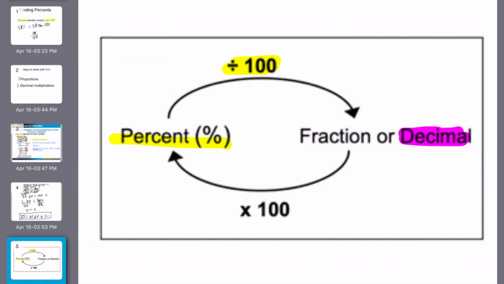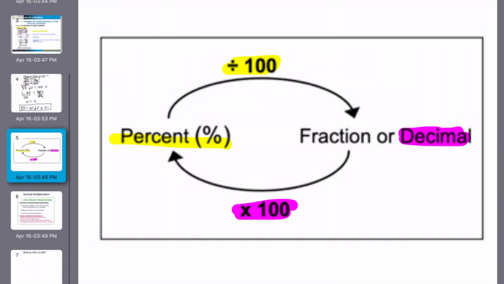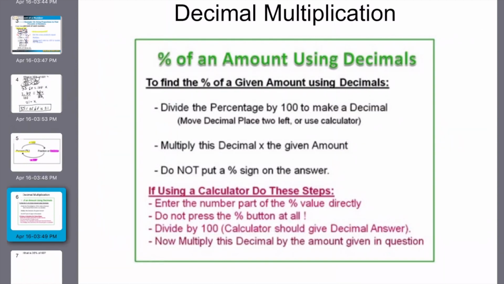So if I did 50%, I could do 50 divided by 100, and that would give me 0.5. If I want to take that decimal or a fraction and turn it into a percentage, all I would have to do is multiply by 100 in order to get it back into a percentage.